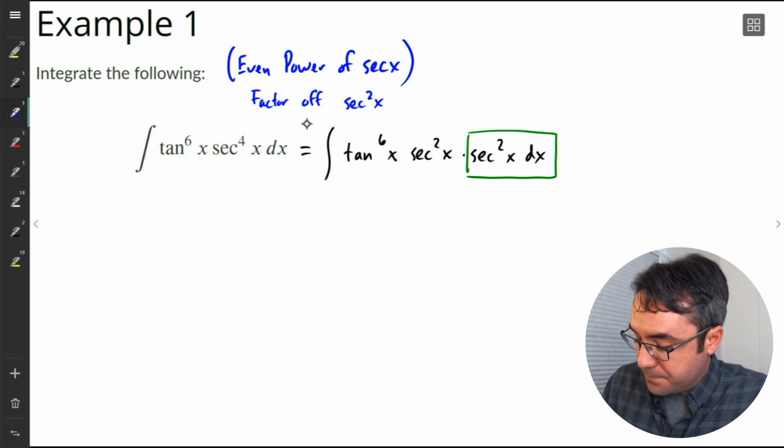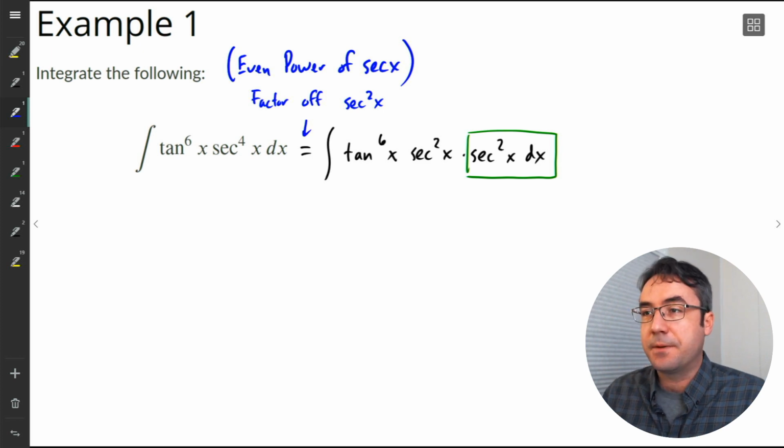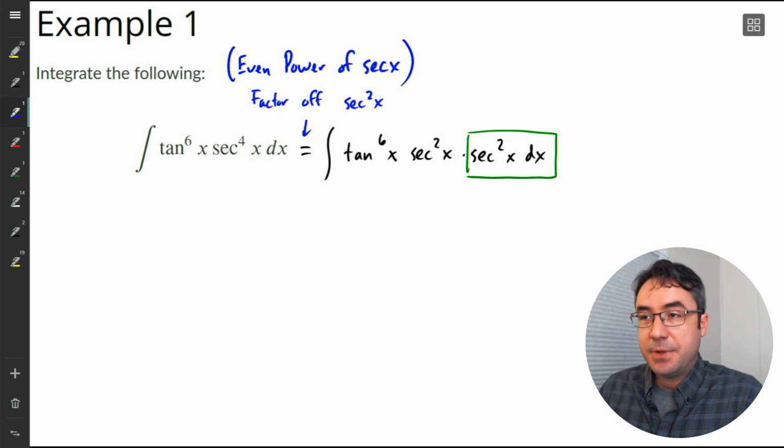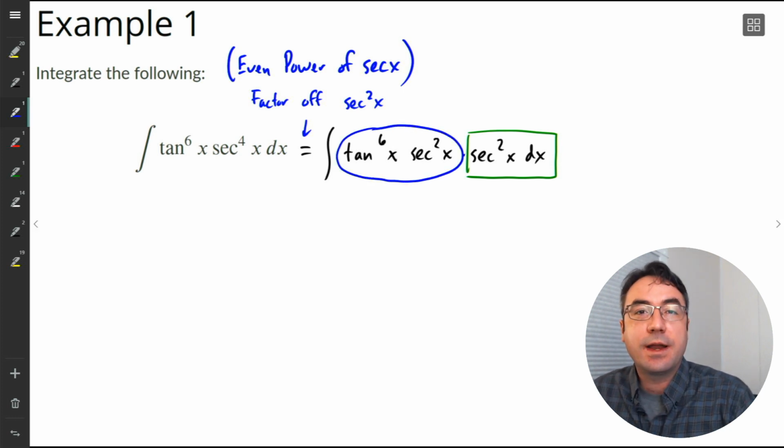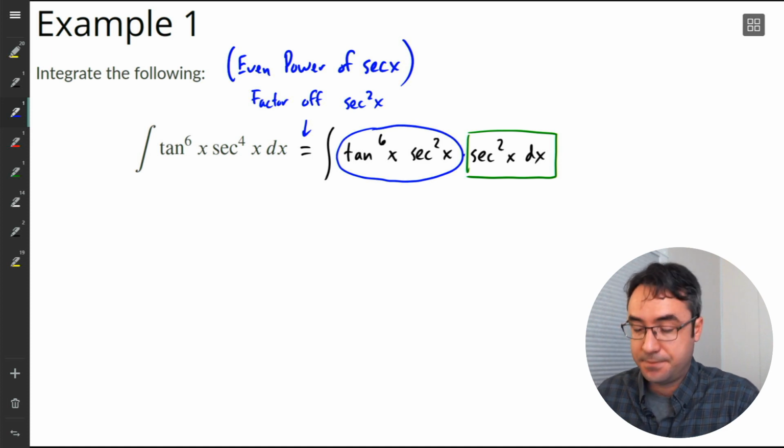Then, so we've factored off secant squared. What we want to do next then is we want to look at everything that's left over, and we want to convert all of the secants that we see. We want to convert everything to tangent.